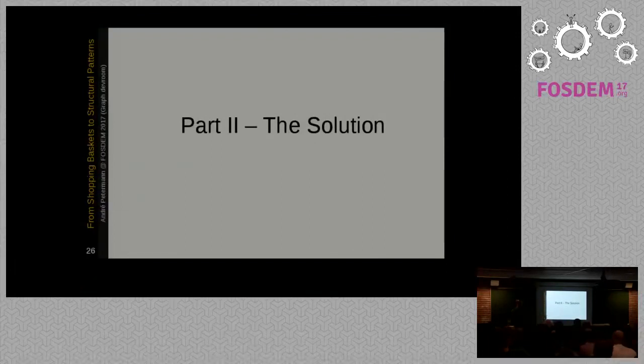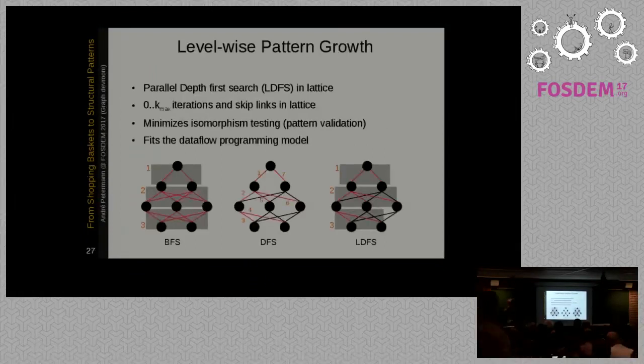Okay, so now this is everything you need to know about frequent subgraph mining and the research in the past. And now we are facing these problems in the context of distributed data flow systems on shared nothing clusters. The solution to this problem is something we call level-wise pattern growth, which means we do a parallel depth first search in the lattice, processing the lattice level-wise, but still skipping the links we do not want to visit and still avoiding the isomorphism problem due to candidate generation.